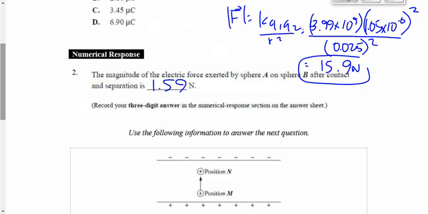Because it doesn't say to put it into scientific notation. If it just says, what's your answer, then just record your answer the way that you got it in standard notation. So when you bubble that in, it becomes 15.9.